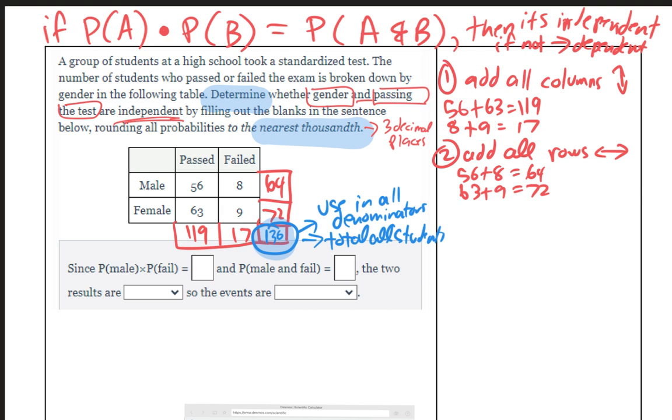Okay, next, number 3. We need to calculate the probability of the first one. So let's just break it down into male. So probability of male, right?